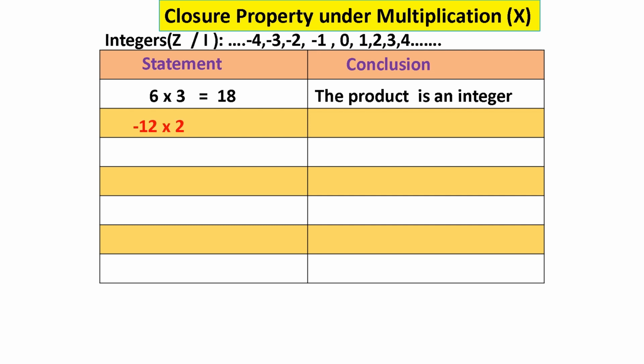Minus 12 and 2: the product of these two integers we will get minus 24. So minus 12 is an integer, 2 is an integer, and the product, minus 24, is also an integer.